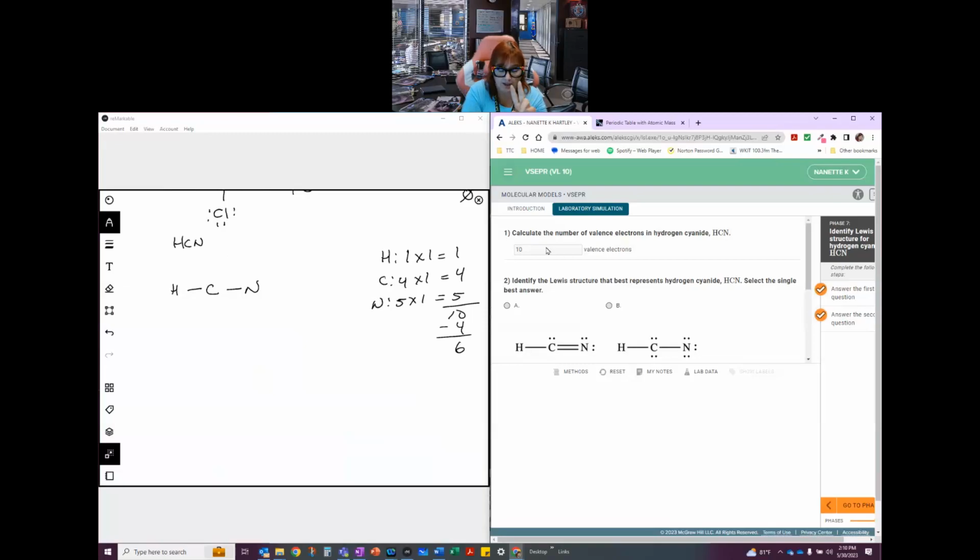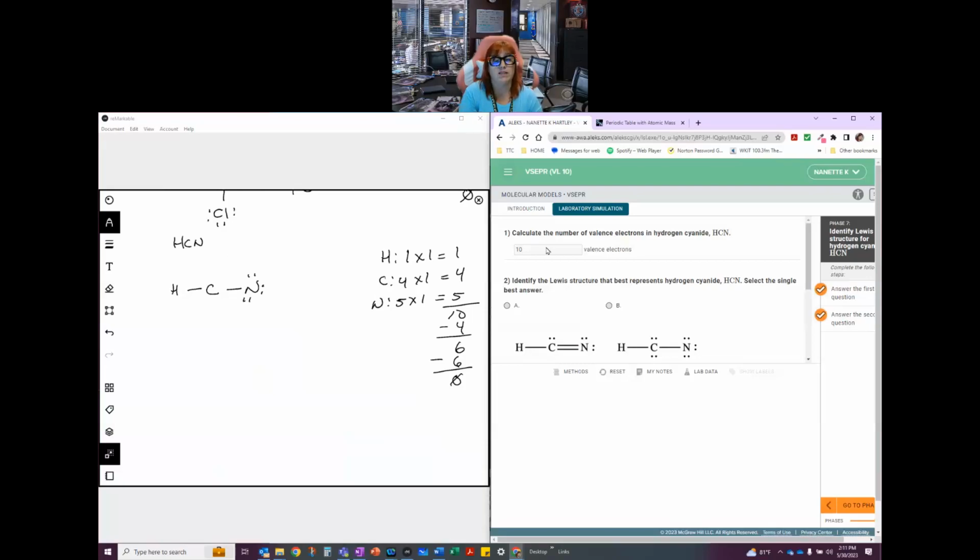It wants a duet. It can only have those 2. And so you can see in this bond, it already has 2. So all of those 6 electrons are going to go on this nitrogen. 1, 2, 3, 4, 5, 6. Okay. And that leaves me with none left to distribute. Okay, awesome, right? Sort of, kind of.